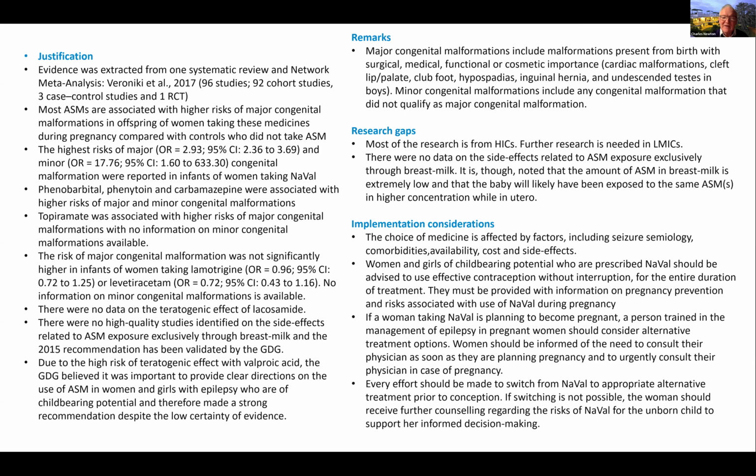So this is really, I think, an important consideration. Although it is a relatively rare event, it is disastrous when it does happen. And this is why these recommendations have come out and have really been hotly debated, I have to say, around the world.